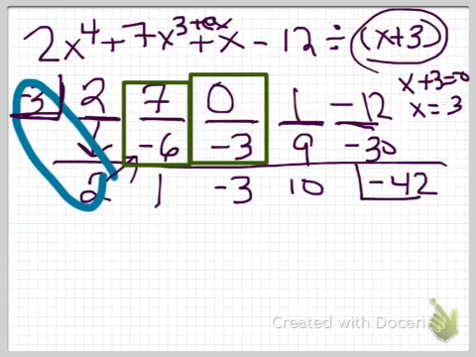And if there's not, then my answer is no. On some of these homework problems in this section, it asks you to write the function value. If I were asked to write the function value, I would write f of -3 equals -42.